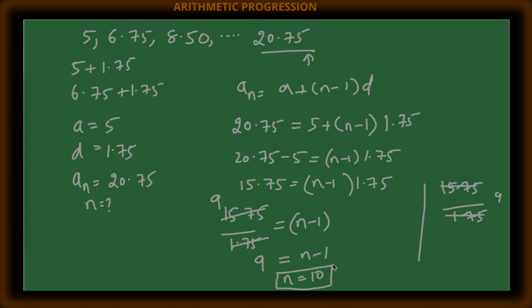If you can see here, I have just separated out this division. Division, multiplication, simple fractions, I believe you should be doing these. Be aware of it, because these are the places where you will make a lot of mistakes, so please practice it. So the answer is 10 here.